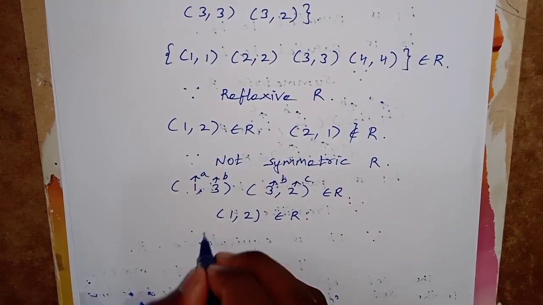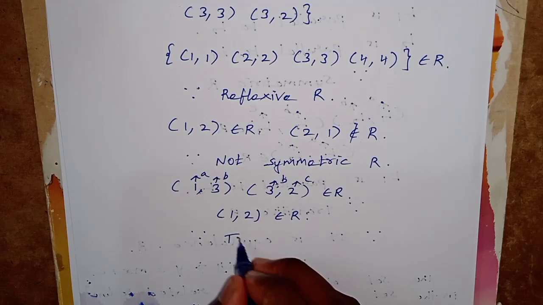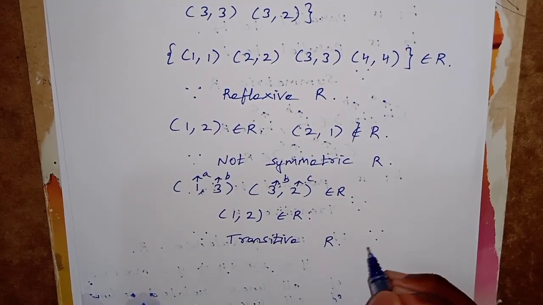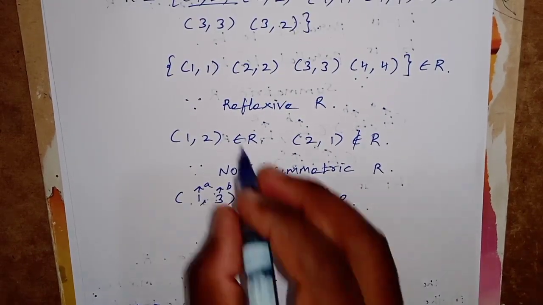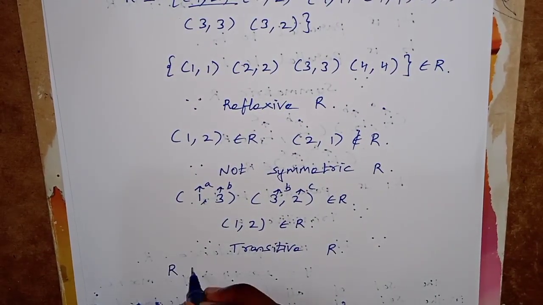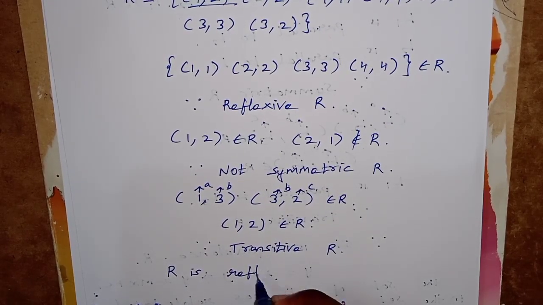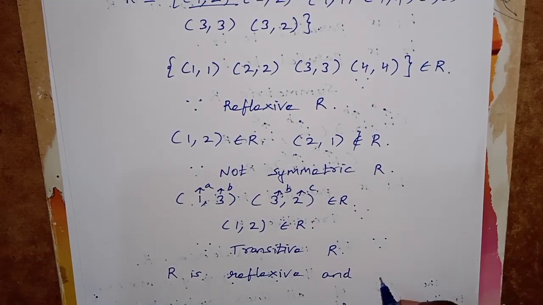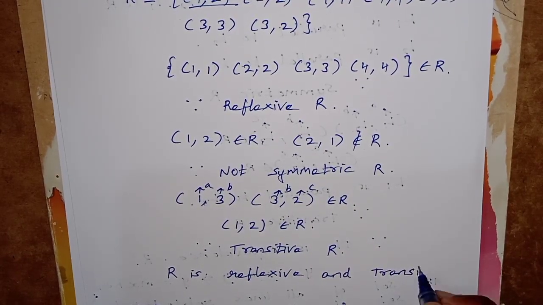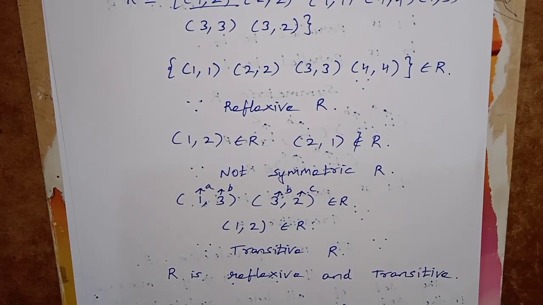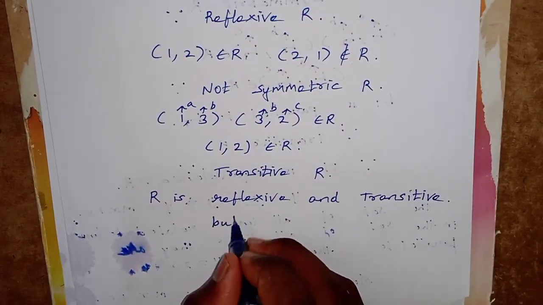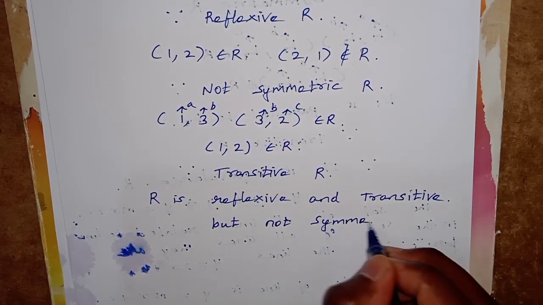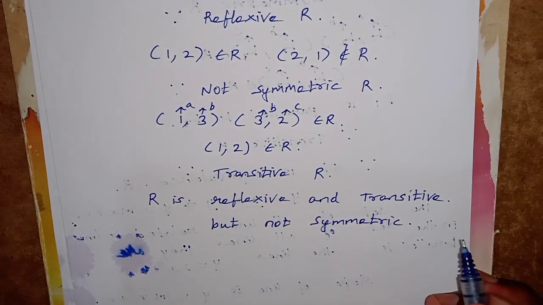Therefore, here it is satisfying. It is transitive relation. Finally, you have to write R is reflexive and transitive, but not symmetric.